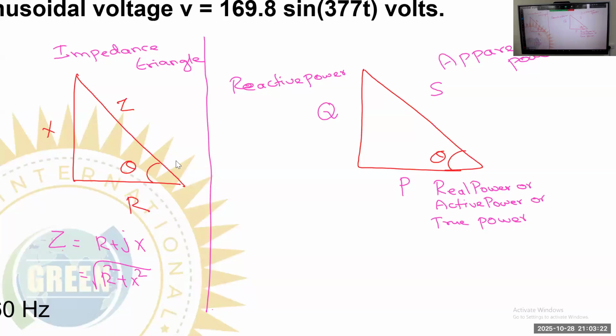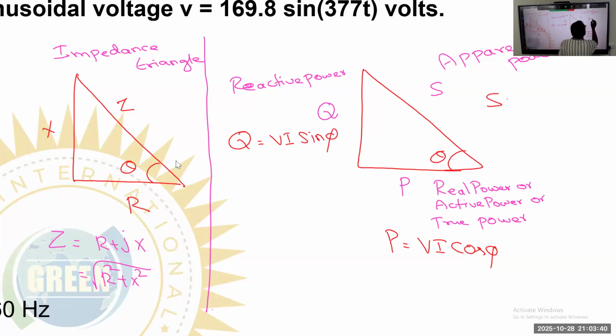What is the formula for the real power? P is equal to VI cos phi. Reactive power Q is equal to VI sin phi.